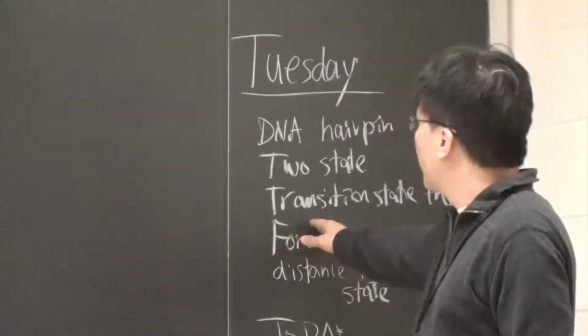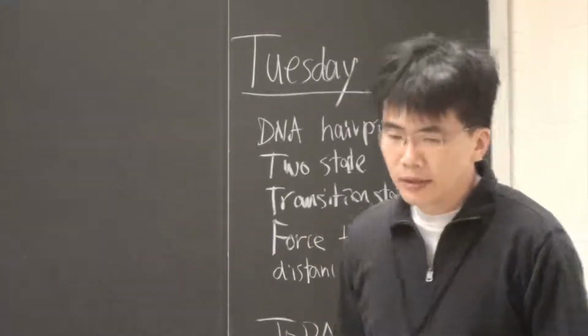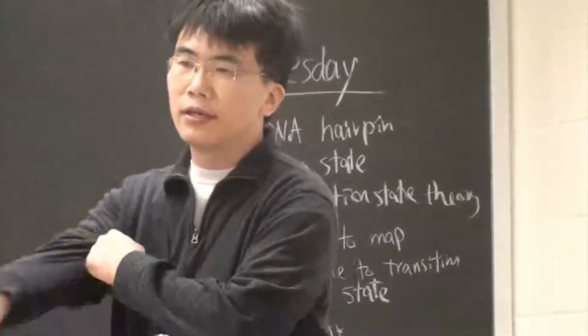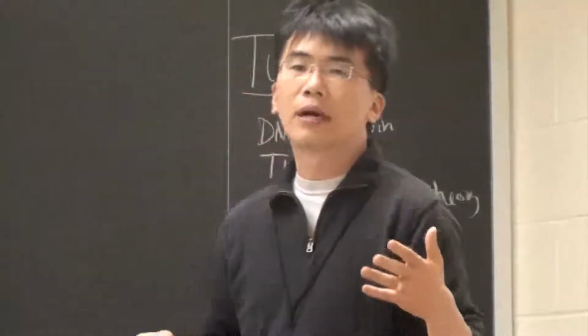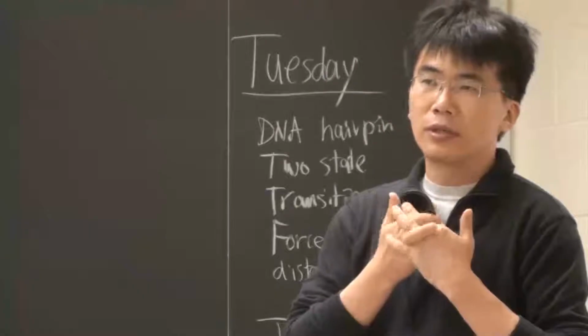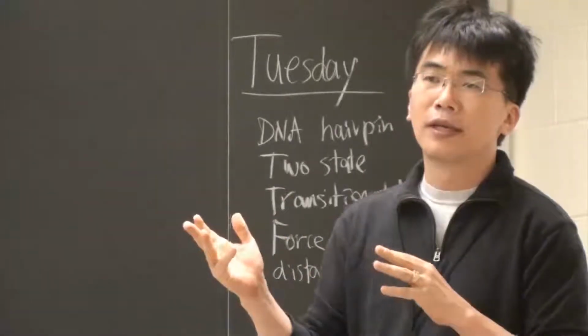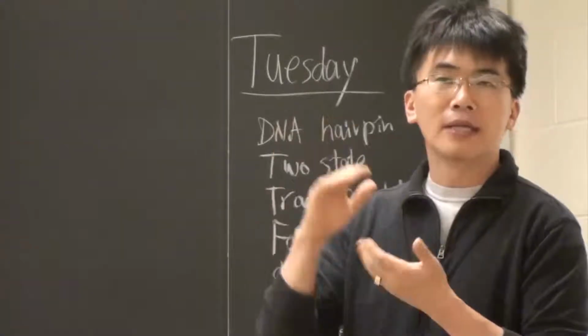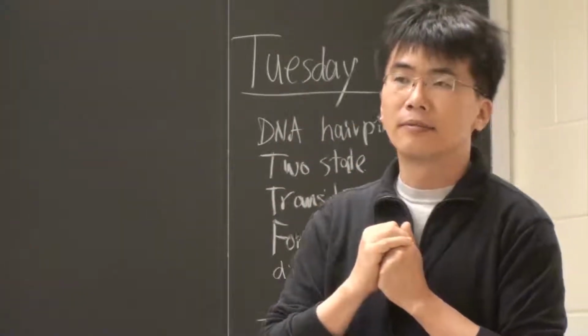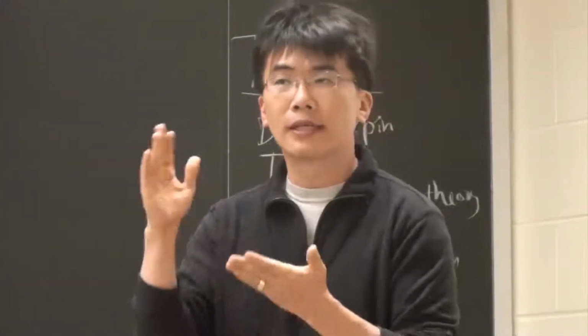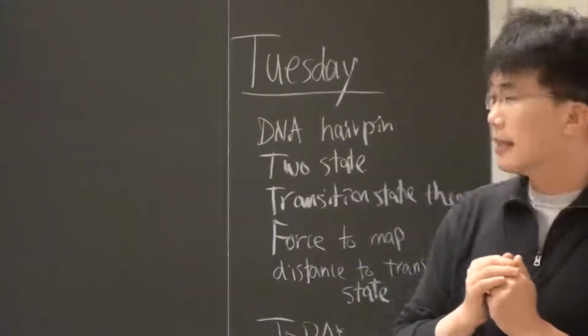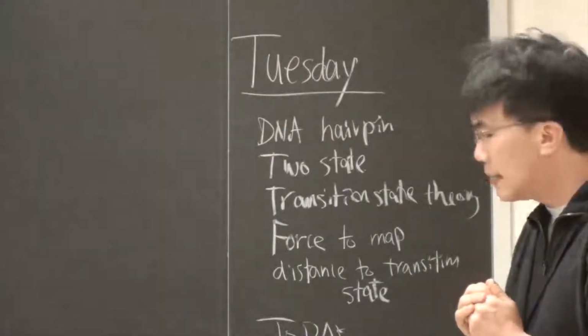I also introduced the transition state theory that basically tells you how you can think about the rate of transition from one state to another, based on the height of the energy barrier, or delta G dagger.